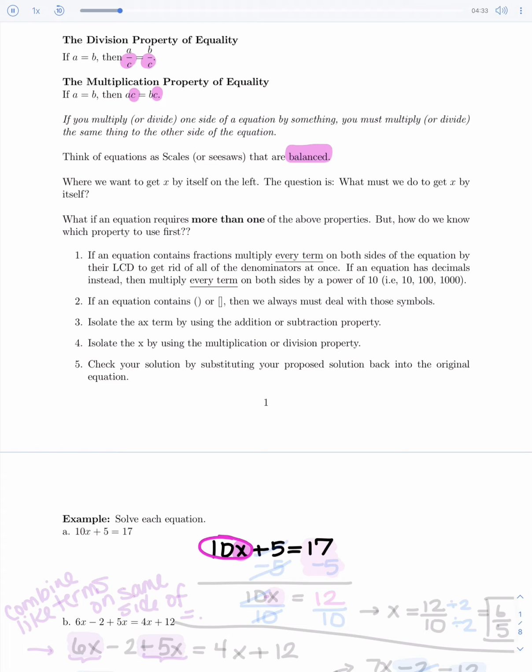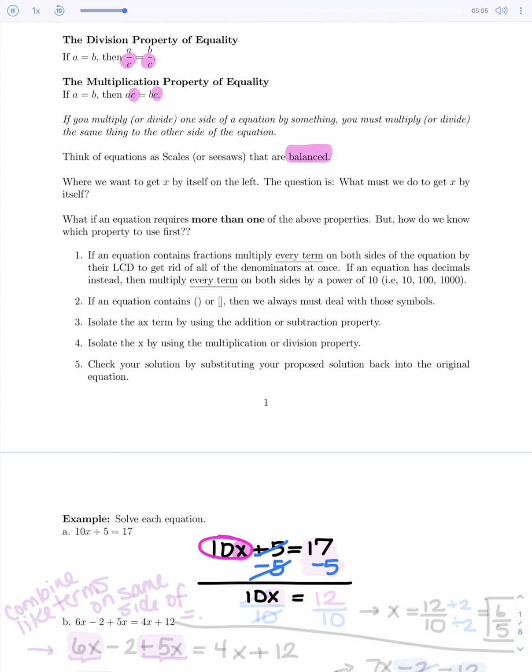So the question becomes, how do I get rid of a plus or positive 5? Well, to get rid of a positive 5, we're actually going to subtract a 5. But if you do that to one side of the equation, you have to do that to the other so that it maintains balance. So that will get rid of our positive 5 by canceling it out with a negative 5. But we still have that 10x on the left-hand side.